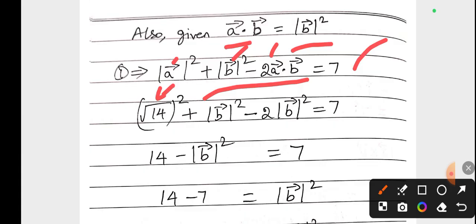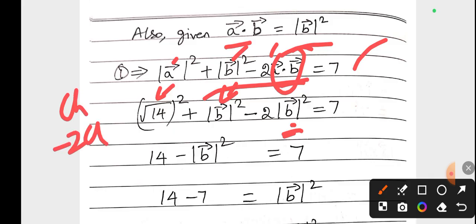Root 14 square, 14; this value here we don't know, we have to find. A dot B, magnitude of B square actually same. So 2 into magnitude of B square. So 1 minus 2 is minus 1. So minus magnitude of B square.